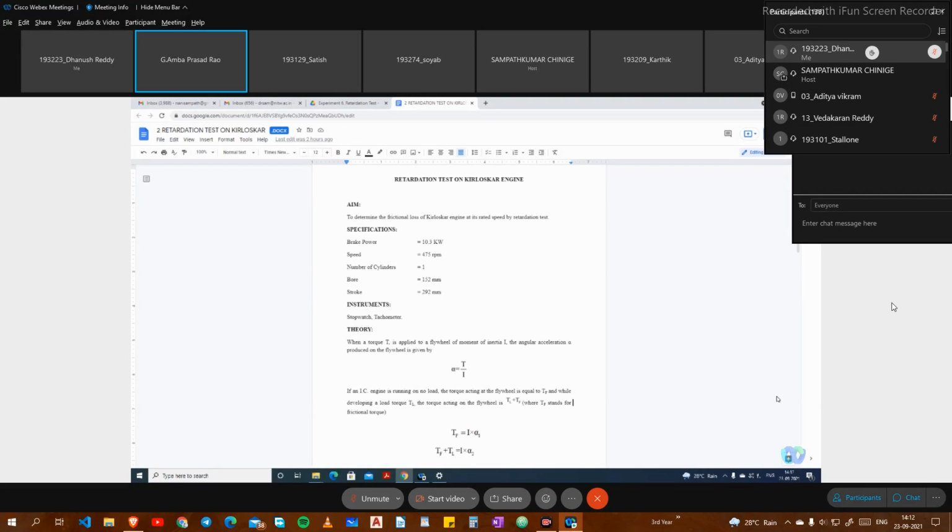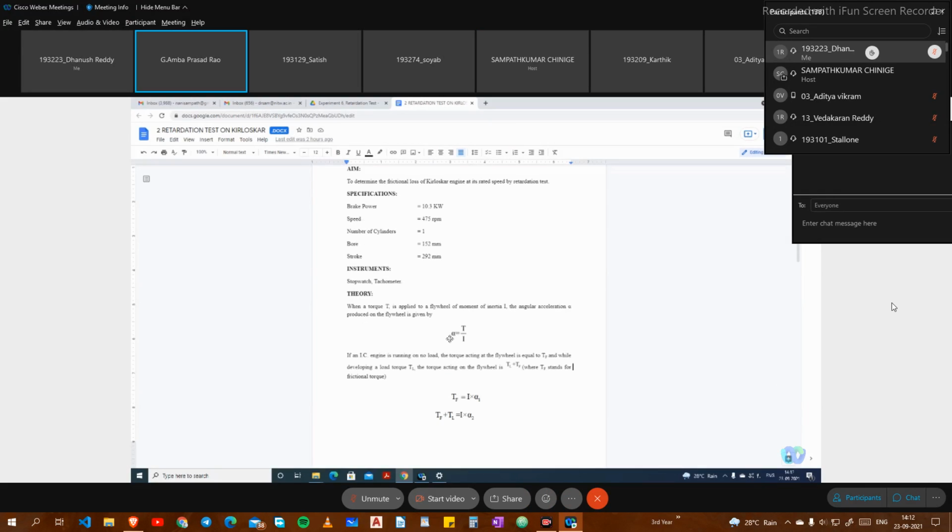So we'll see what a retardation test is. The explanation is simple. As shown here, torque is directly proportional to angular acceleration. The constant of proportionality is replaced by the moment of inertia of the components.